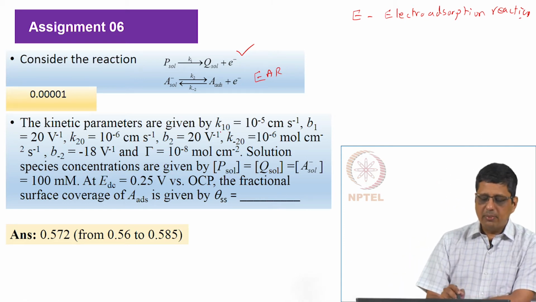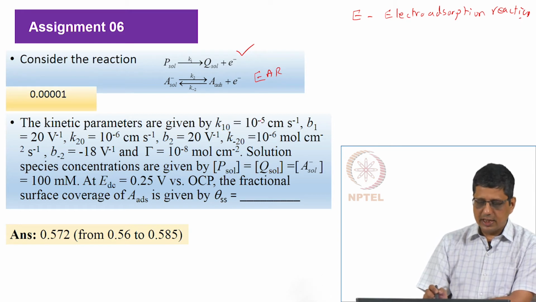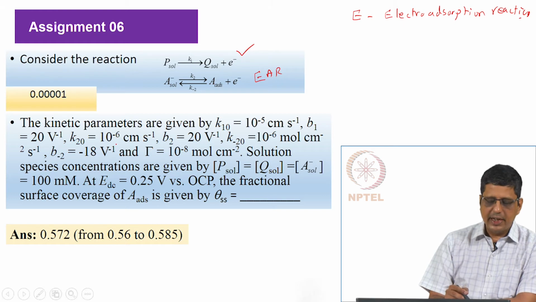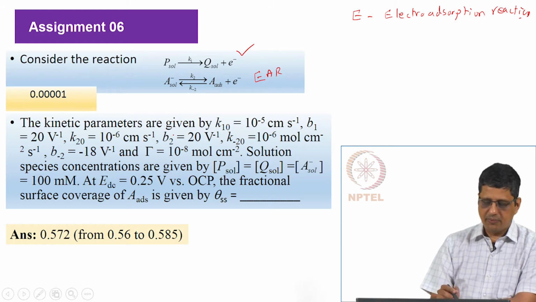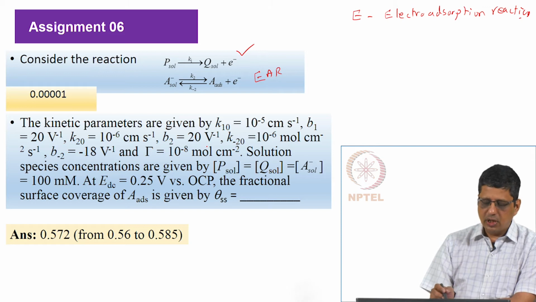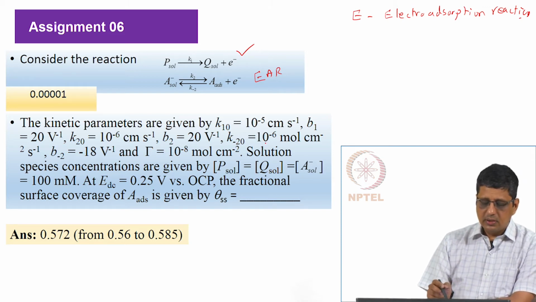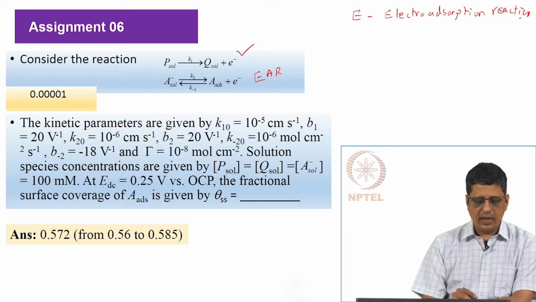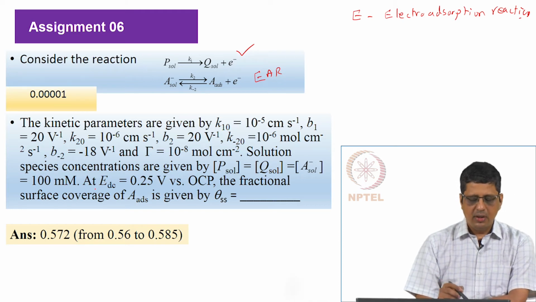You are given that the kinetic parameters K10 is 10 power minus 5 centimeters per second, B1 is 20 volts inverse, K20 is 10 power minus 6, B2 is certain number, K minus 20 is 10 power minus 6 moles per centimeter squared per second, B2 is 20 volts inverse. Solution species concentration, P in solution, Q in solution, and A minus in solution, they are all at 100 millimolars.